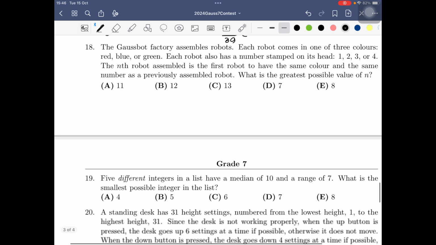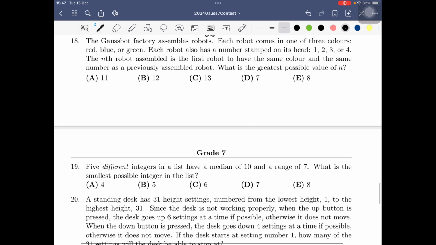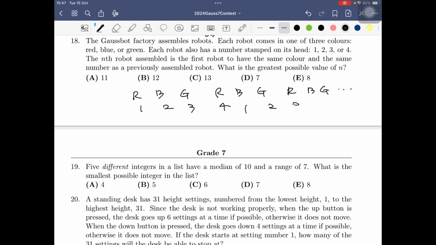Gauss Factory assembled robots. Each robot comes in one of three colors: red, blue, or green. The robots are numbered 1, 2, 3, 4, and the first robot to have the same color and number as a previous one is asked. So this is red, blue, green, red, blue, green, red, blue, green, and 1, 2, 3, 4, 1, 2, 3, 4, 1, something like that.